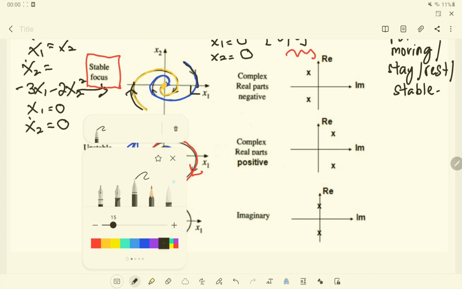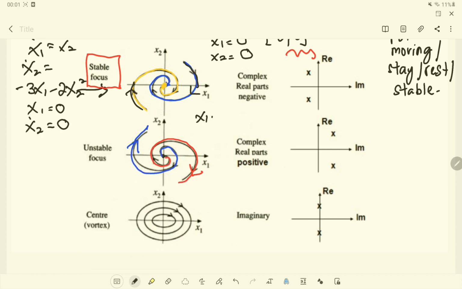So you cannot predict the value of x1 and x2. And obviously, since you cannot predict the value of x1 and x2, x2 dot is not equal to 0. And the state is always moving.